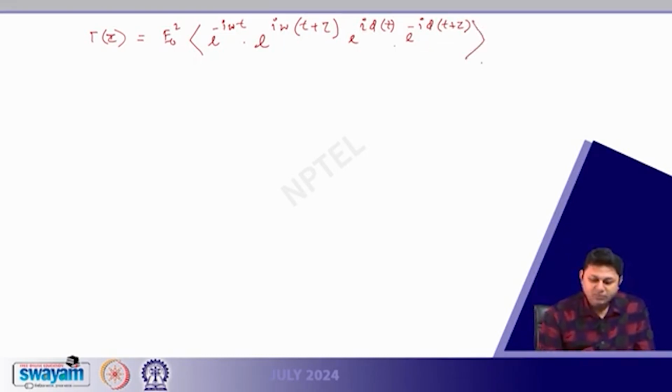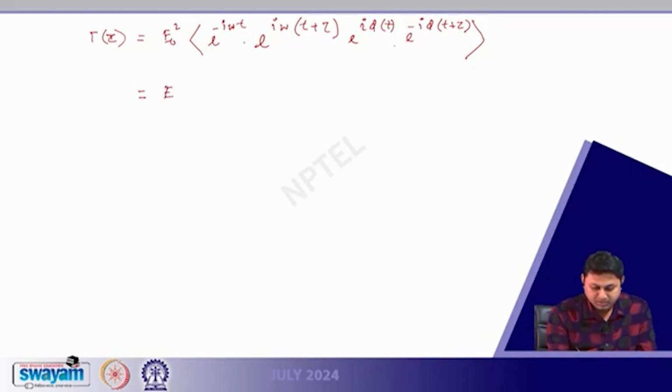Now e to the power i omega t and e to the power i omega t here cancel out. So the only thing that we have is e to the power i omega tau, which is the time difference between the time of flight, so I can take it outside. It should not be a part of the time average.